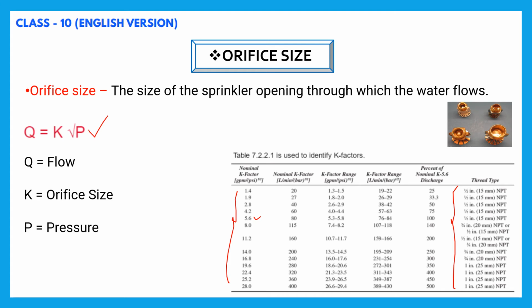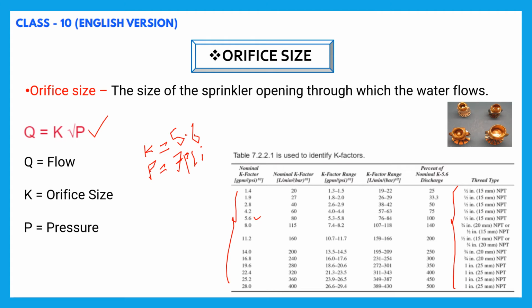Okay, let's consider one example in which we consider K as 5.6 and pressure we consider as 7 psi, which is the minimum psi required as per NFPA 13 at one sprinkler.